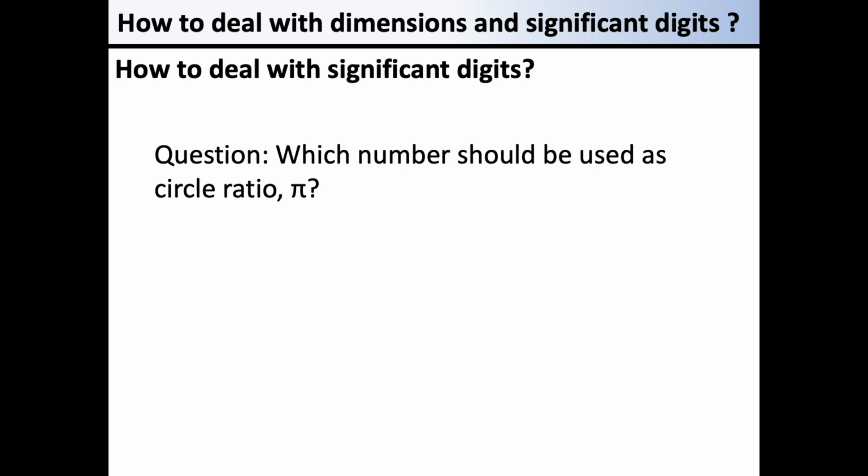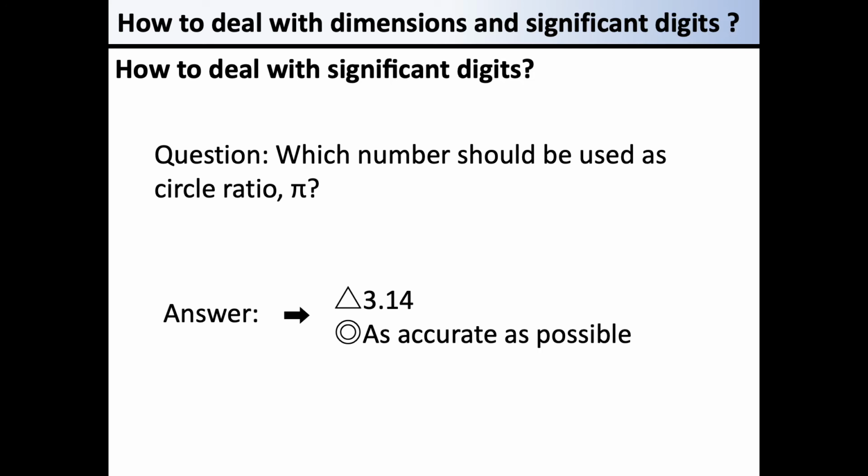Now, let's think about significant digits a bit. It is, for example, the treatment of the circle ratio, pi. In the exams, sometimes students ask which number should be used as the circle ratio, pi, for calculation. But I think this question is not suitable in university subjects.